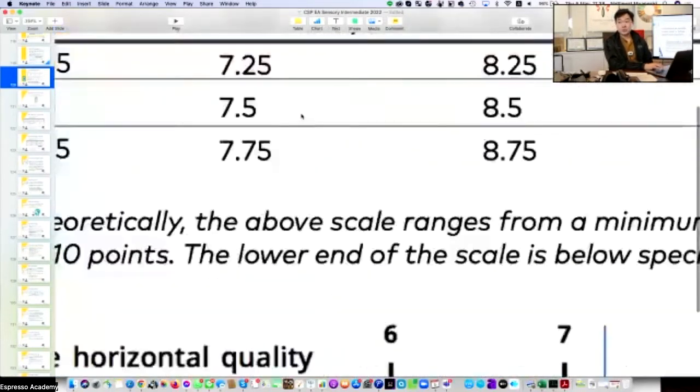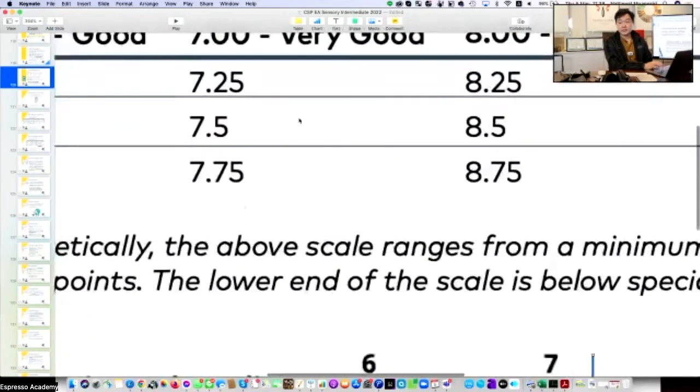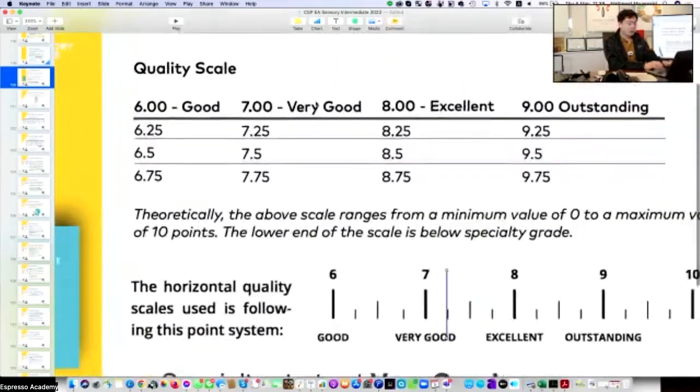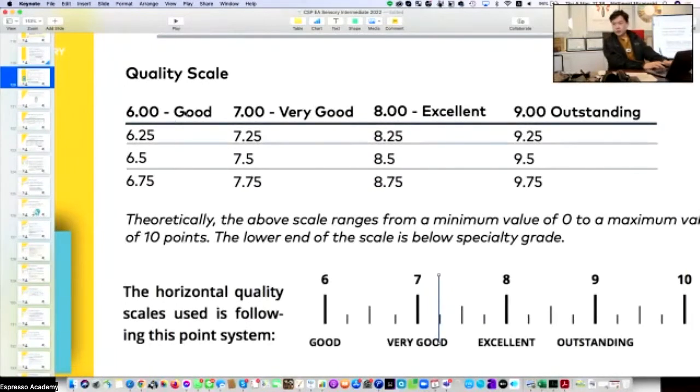So I will share this technique already. This is 7.5 on this table. Some people say good is good, very good is you want to drink it again, excellent is "I want to drink it every day," and outstanding is "I really want to drink it more." Some people say it that way.